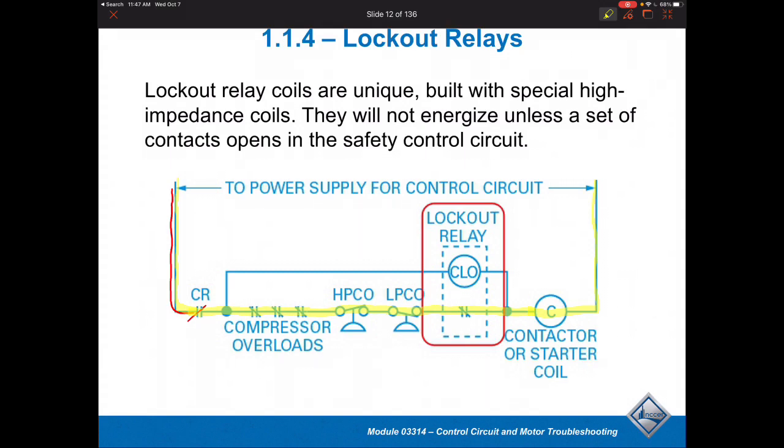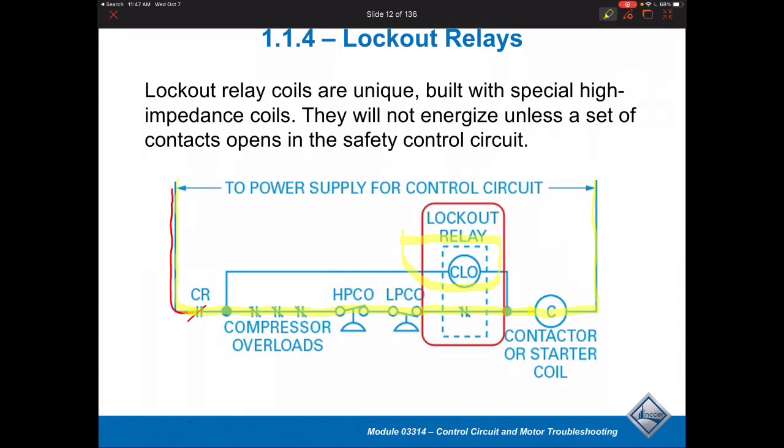Now, you might be wondering, why didn't this little lockout relay get energized? That's a good question. A little bit of this is, to some extent, a path of least resistance. What's happening here is you really don't have any potential difference across the relay.